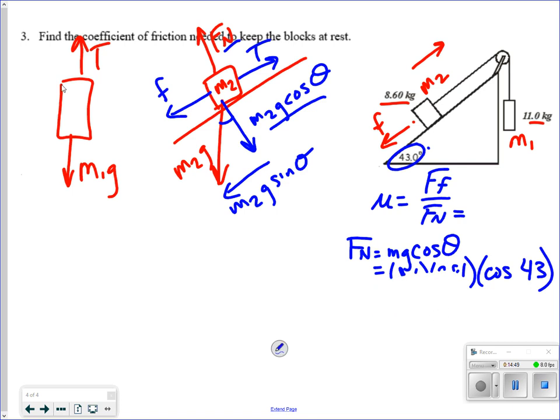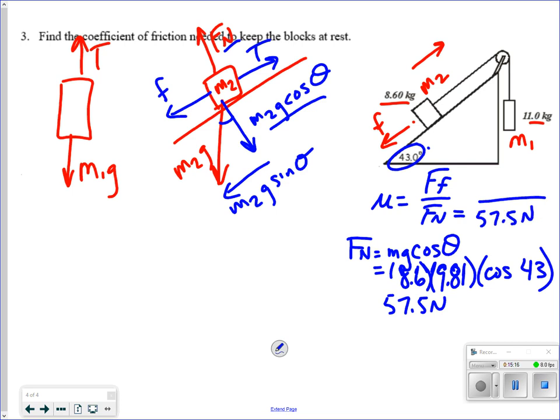That is a pain. 8.6, 9.81, 57.81. Let's try that one more time. Okay, I think I got 57.5. Let me look at the right part of my answer. So 57.5 is the normal force. That gives me the bottom.